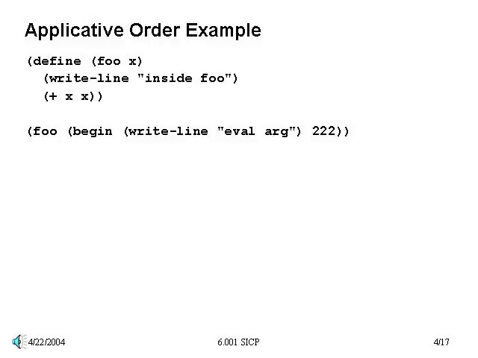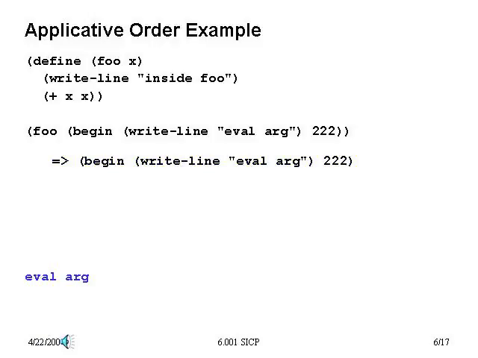Now, what happens if we do applicative order here? Well, in normal Scheme, or applicative order Scheme, the first thing we do is evaluate each of the arguments. We'll get the value of foo, that's going to be a procedure of some sort, but then we have to evaluate this argument. We have to evaluate this begin statement. That is going to lead to the following kind of behavior.